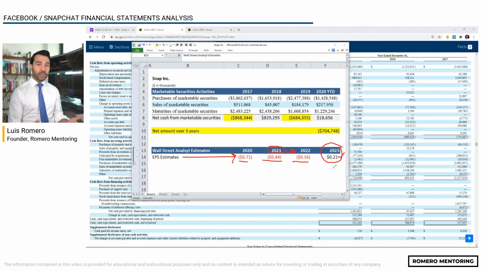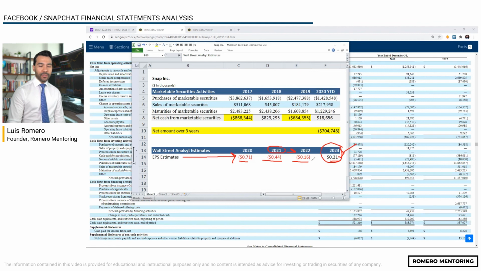Maybe Facebook might introduce a better feature and a better product that competes with Snapchat and causes their users to stop using it, right? So looking into the future, so many different things can emerge in the technology space, especially in social media. So I look at this profitability standpoint of 2023, 21 cents a share of profitability, with a healthy dose of skepticism, okay?